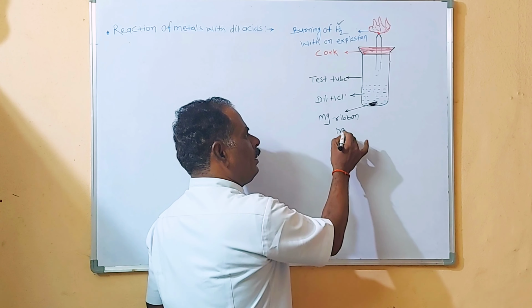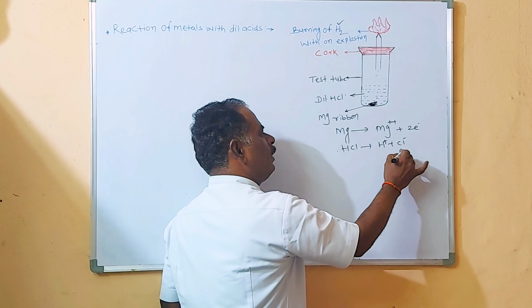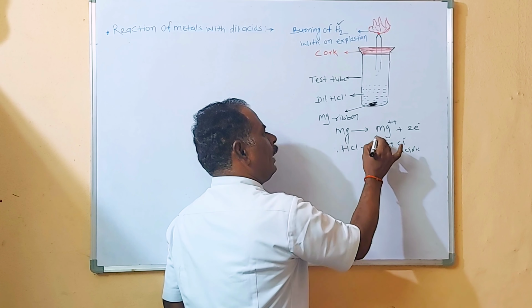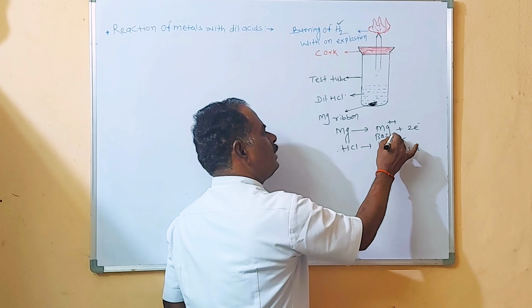This basic radical of magnesium reacts with hydrochloric acid, which ionizes in water and forms H positive and Cl negative ions. Cl negative is acidic in nature and magnesium ion is basic in nature. This basic magnesium ion reacts with the acidic radical chloride ion and forms magnesium chloride.